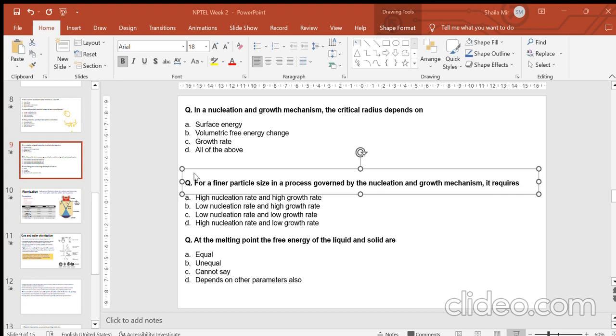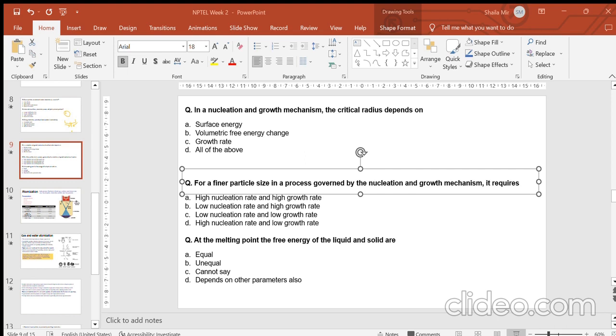The next question is, for a finer particle size in a process governed by the nucleation and growth mechanism, what does it require? We need to tell how we can achieve the finer particle size.